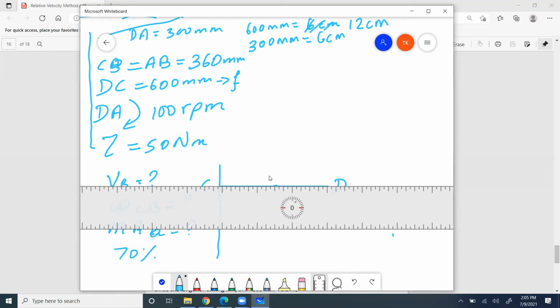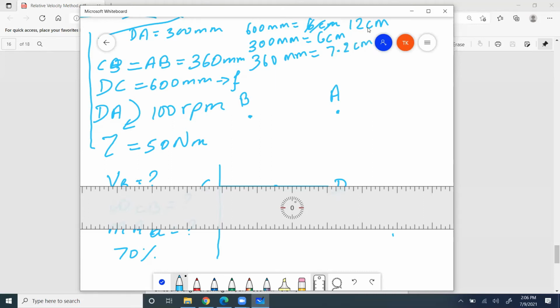CB and AB are 360 millimeters, right? So CB is going to be somewhere here, and AB somewhere here. That is 360 millimeter. As a rough diagram, 360 means 7.2.